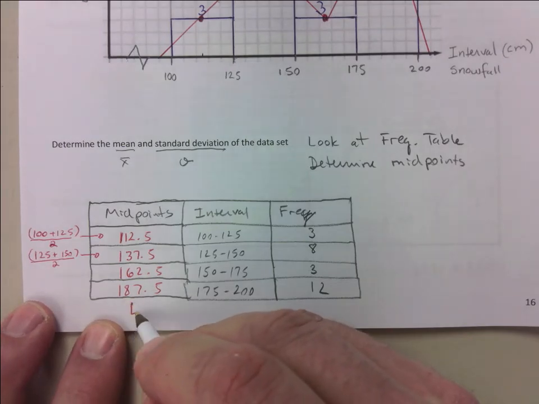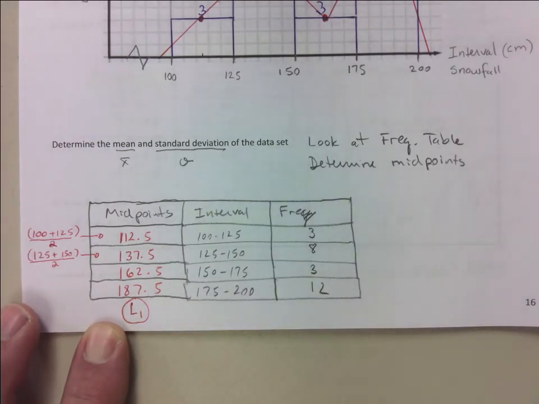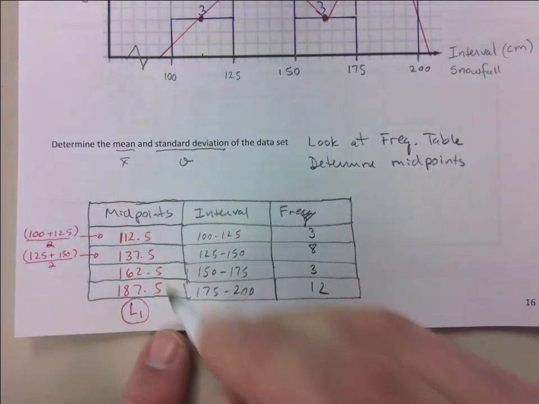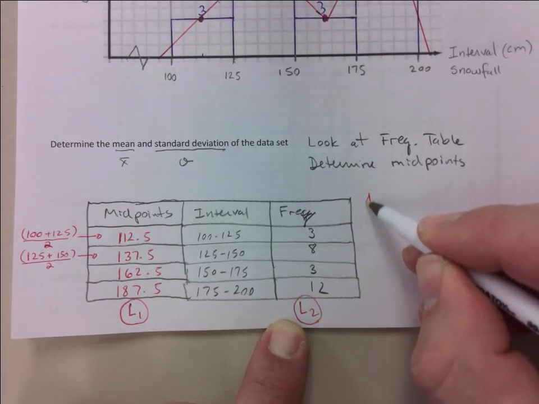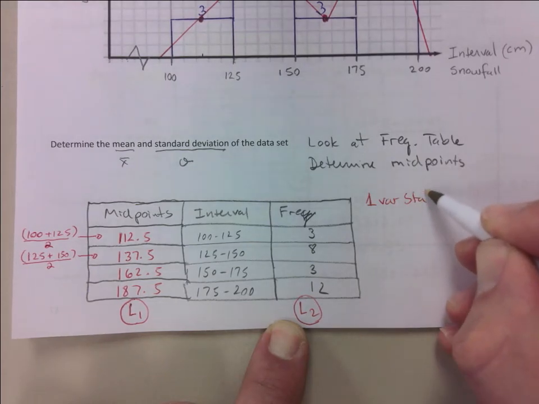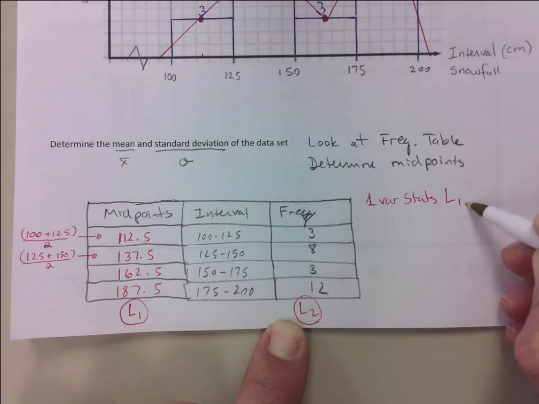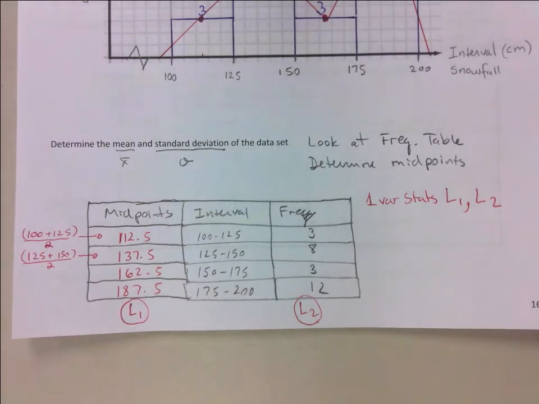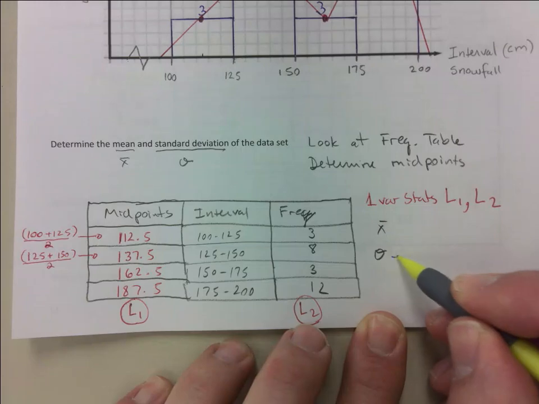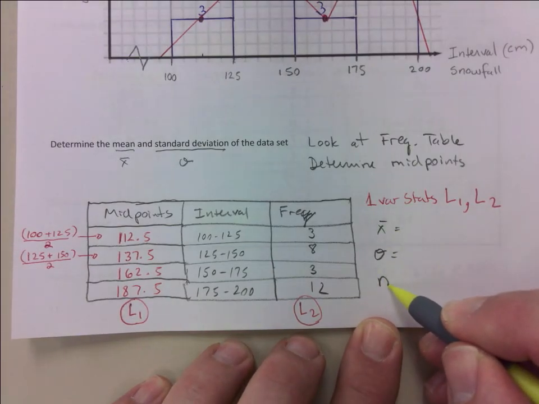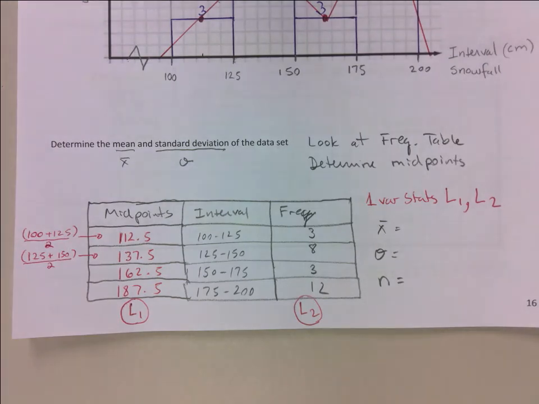So when you have a frequency table, you don't have the individual numbers. You don't have them all, right? So you put this into L1, this into L2, and then you go one variable stats. Don't forget about L1, comma, L2. And then you find your mean, your standard deviation, and n.